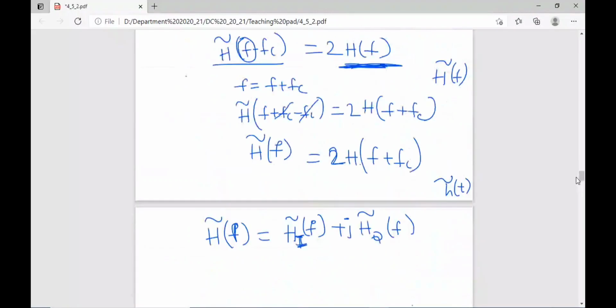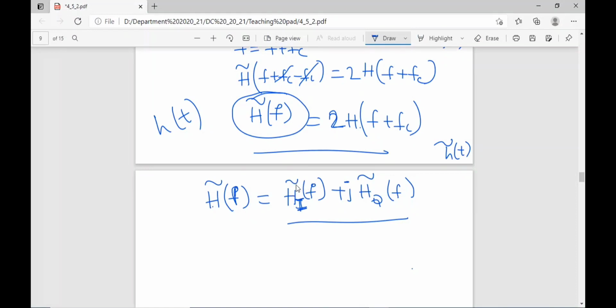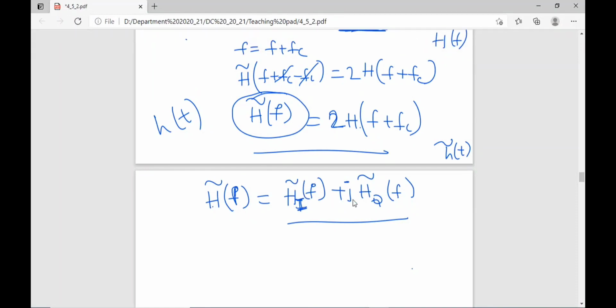Now since we are able to find the complex envelope of the H of t signal, we can represent it in the in phase and quadrature components like this. H cap of f is nothing but H I tilde of f plus j H Q tilde of f.